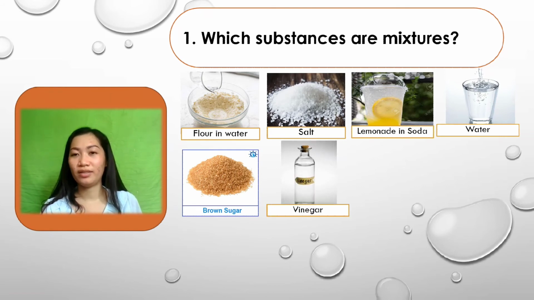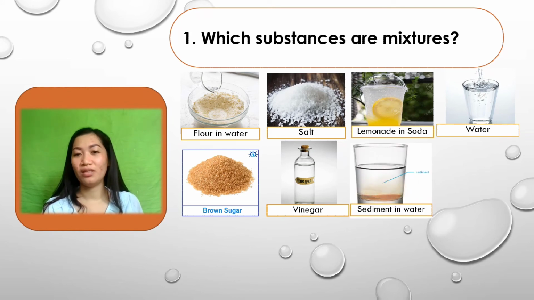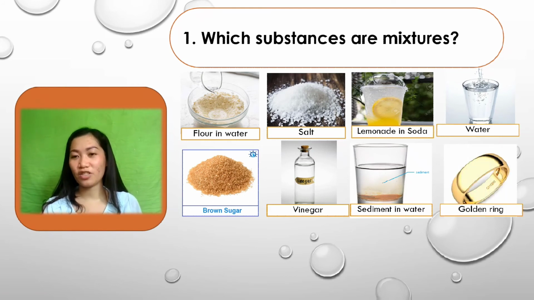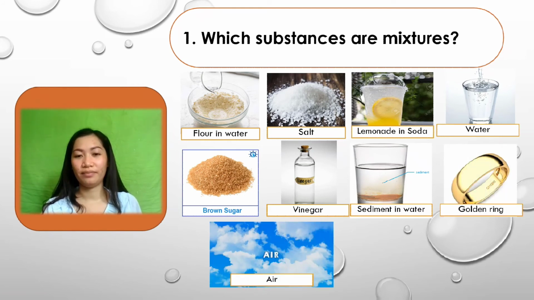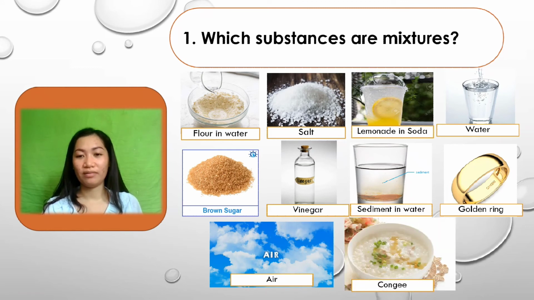The vinegar? Are these mixtures? The sediment in water? Golden ring? How about the air? How about the kanji? So now I want you to write some examples of the mixtures that we have in this picture. Write it in your notebook. Again, in number 1, there are more than two answers.